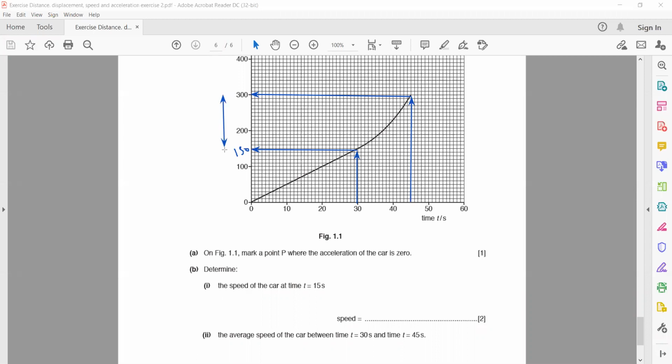So from 150 to 300, the distance travelled is 150, and the time interval from 30 to 45 is 15. So the average speed in the last part is 150 divided by 15, which equals 10 meters per second. Is it clear?